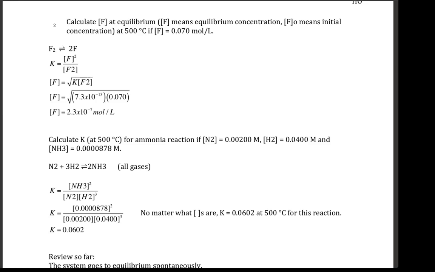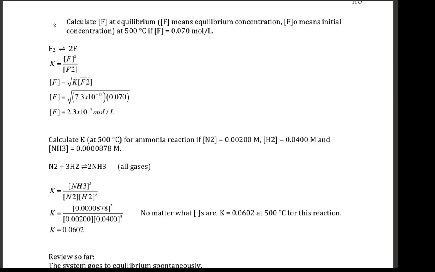Alrighty, so we have our equilibrium expression, F2 in equilibrium with 2F. K is F squared over F2. We're going with the expression written that way, F2 in equilibrium with 2F. So our equilibrium expression is just a reflection of that, F squared over F2. We're after the fluorine concentration, so fluorine the atom equals the square root of K times F2.